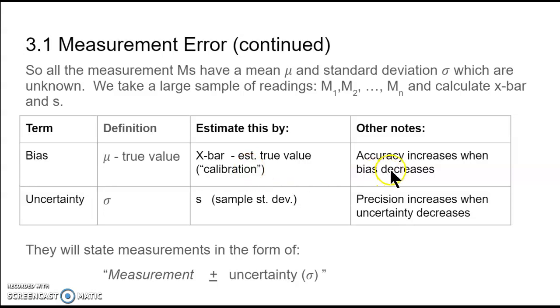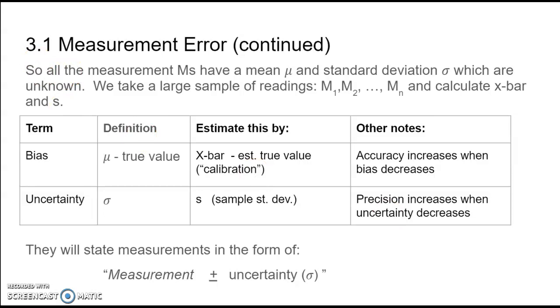So accuracy means we have low bias. Precision means we have low uncertainty. We've talked a lot about precision in class, about how we like to have low standard deviations. That means low uncertainty. So precision increases when uncertainty decreases. So that's kind of our goals here.